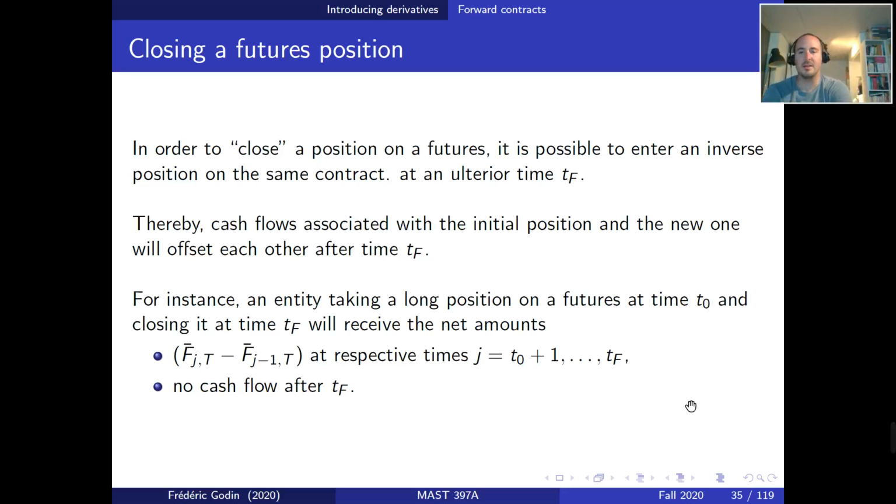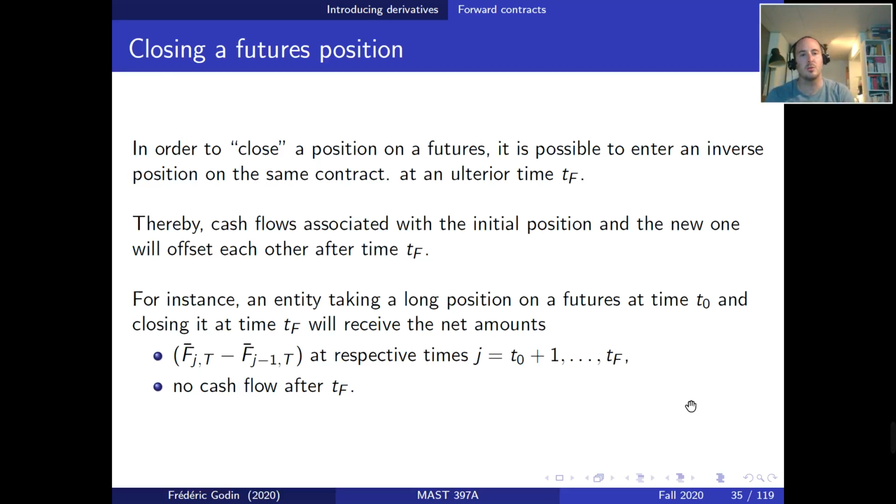So how this is done in practice: closing a futures position is done through entering the opposite position to the one you're in right now. If you're in a long position in a futures contract, then at some point in time, you might enter a short position in the futures contract, and then cash flows from the long and short futures positions, starting on the date where you entered the opposite position, will offset each other until maturity.